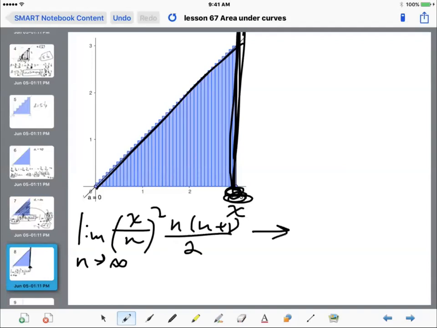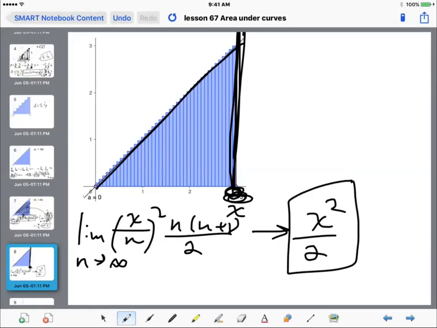And that would turn into x squared over 2. It would be x squared n squared over 2n squared, but, well, that's even more general. So that tells me that the area of this triangle is x squared over 2. Well, we knew it was going to be x squared over 2. It's just a right triangle. Again, that's a lot of work to find the area of a triangle.